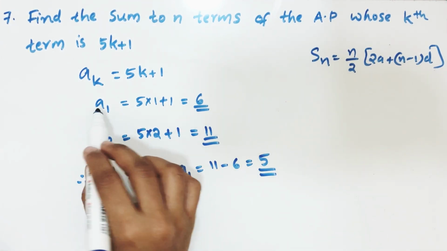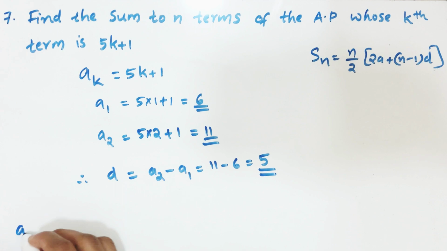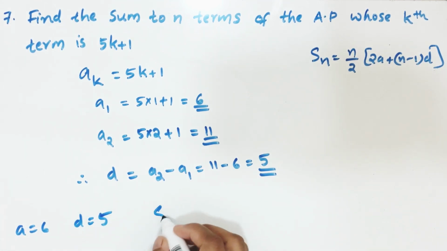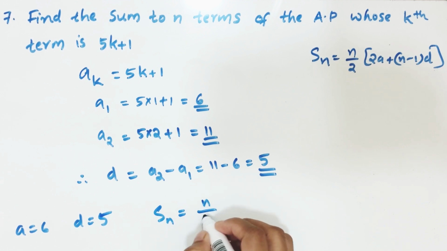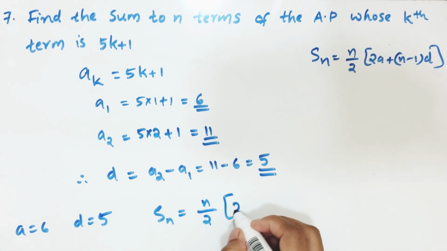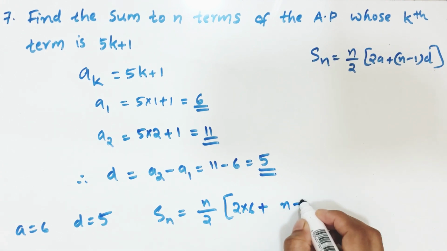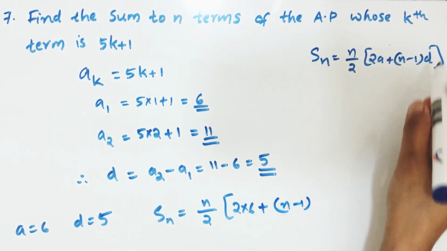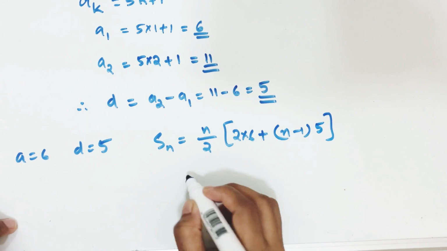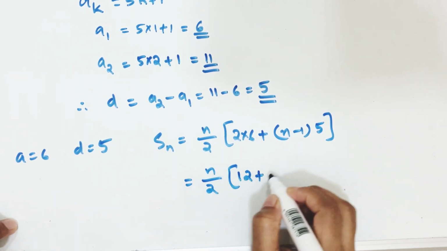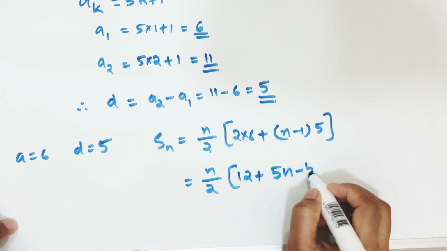So we have first term a equal to 6 and common difference d equal to 5. Therefore Sn is equal to n by 2 into 2 into 6, instead of a 6, plus n minus 1 into, instead of d, 5.